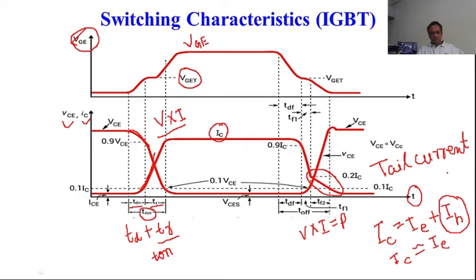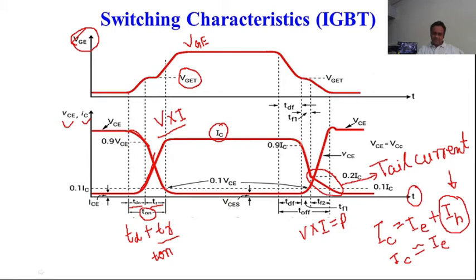The minority charge carriers should be recombined, and for that recombination some time is required, and because of this the tail current takes time to die out.